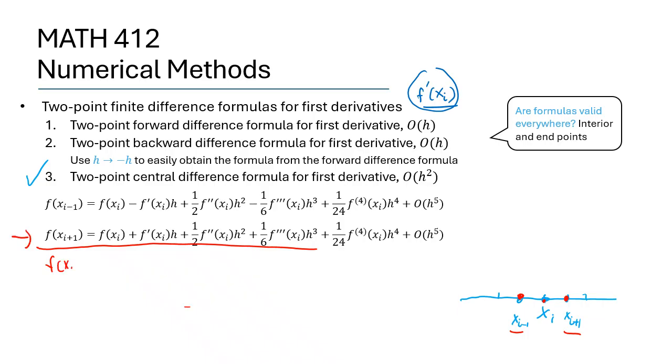We do subtraction: f of xi minus 1 minus f of xi plus 1. This cancels out, no f of xi. Here you have negative 2 f prime xi h. This cancels out, good, and this survives: negative 1/3 f triple prime xi h cubed.